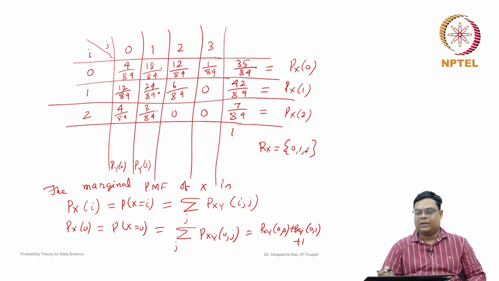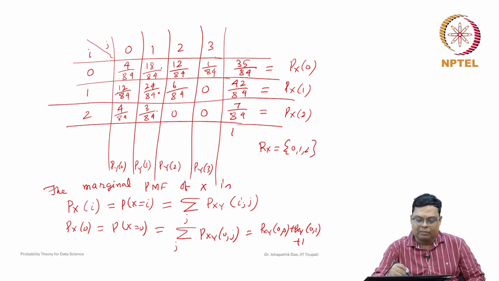Hopefully, you are following this. The row sum gives us the marginal of X, and the column sum gives us the marginal of Y. So this is p_Y of 2, this is p_Y of 3. What are the values? Let us compute that.